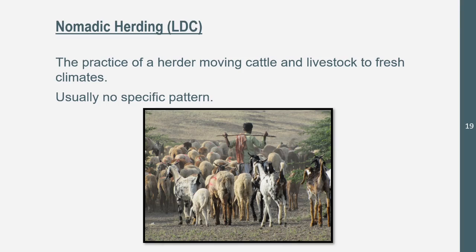Maybe there's no water where they just were, so they're going to a new area for water to let their cattle and livestock grow, and maybe they'll kill the livestock later. I don't really know the specifics. It's a case by case thing. But yeah, that's nomadic herding.